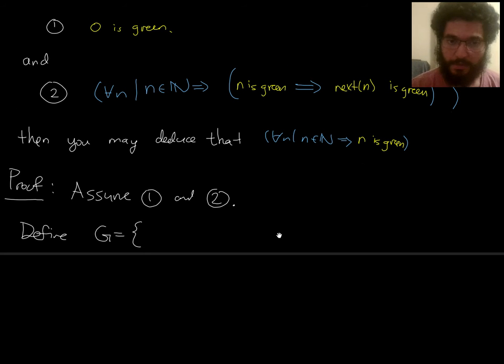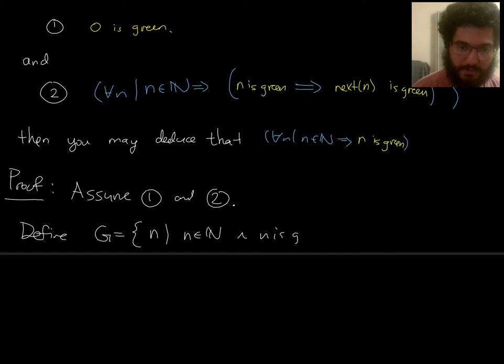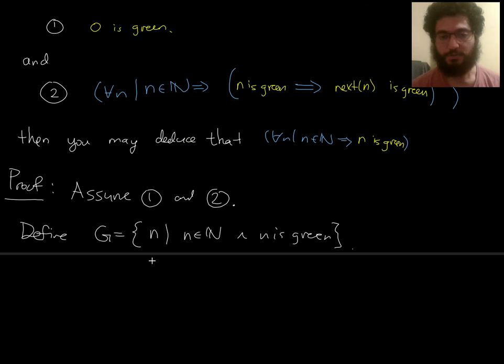We're assuming 1 and 2. Anytime we want, we can define whatever set we want, right? So let's just define G to be the set of x such that x is, or maybe a better letter would be n, the set of n such that n is a natural number and n is green. So it's the set of all green natural numbers.